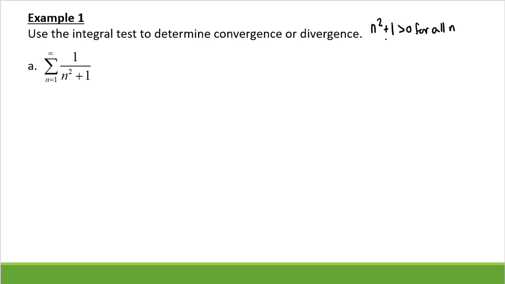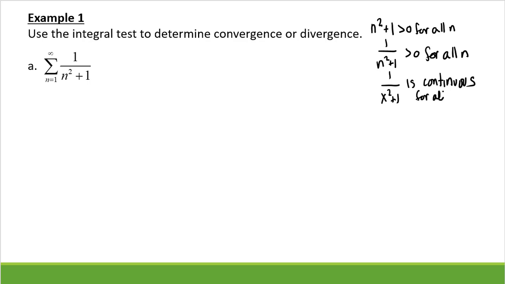So 1 over n squared plus 1 is greater than 0 for all n. Okay. 1 over, I'm going to change it to x squared plus 1 because you're actually talking about the function f of x, is continuous. Because x squared plus 1 never equals 0.